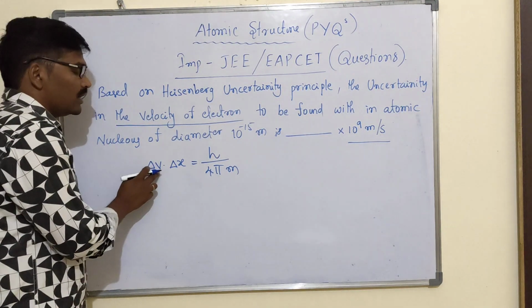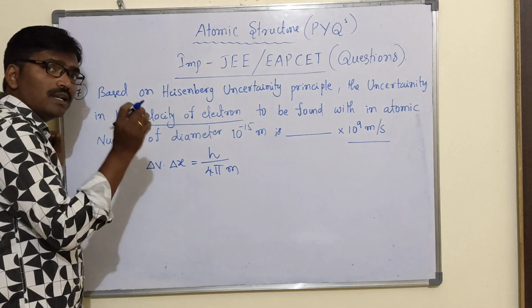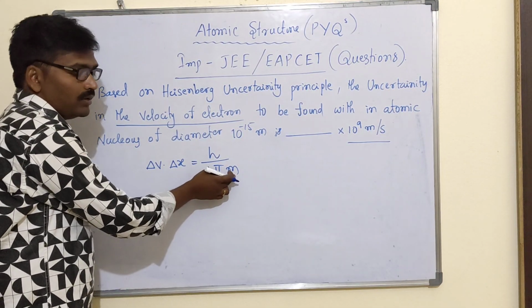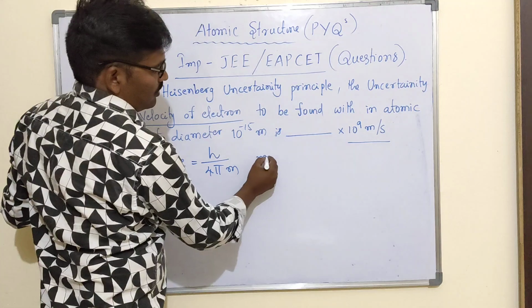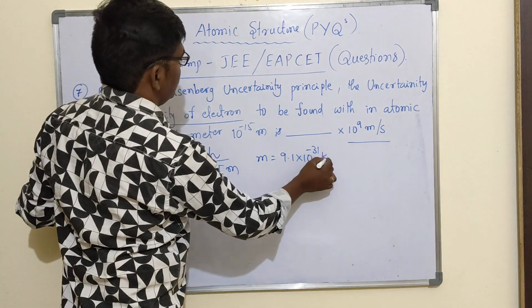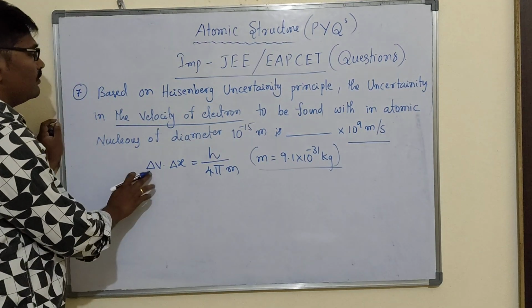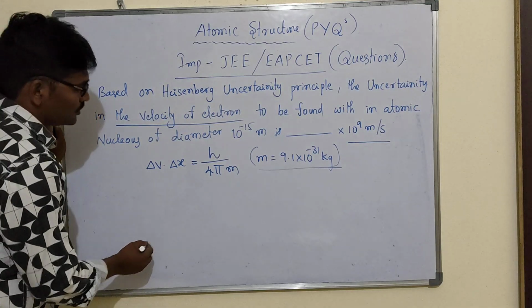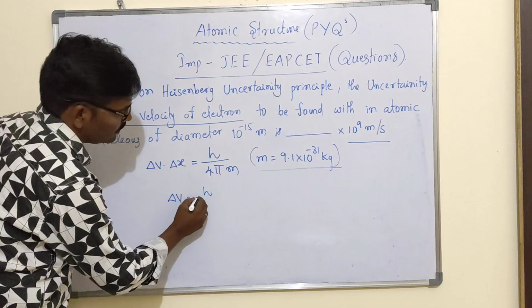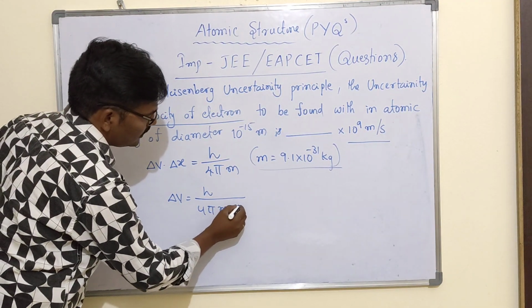Delta V is the uncertainty in the velocity, delta X is the uncertainty in the position, h is Planck's constant, and m is the mass of the electron, 9.1 into 10 to the power of minus 31 kg. To find delta V, delta V equals h divided by 4 pi m into delta x.